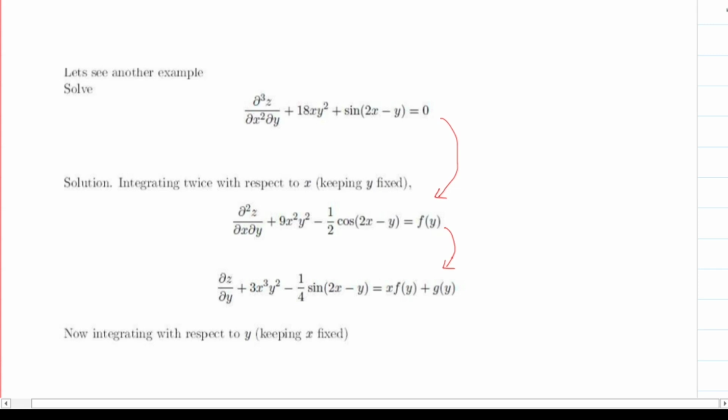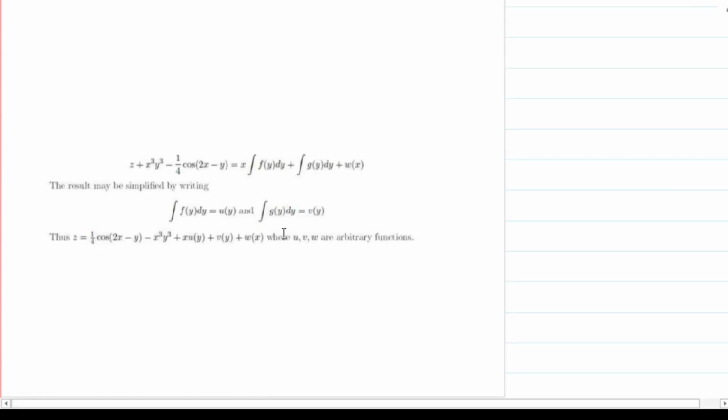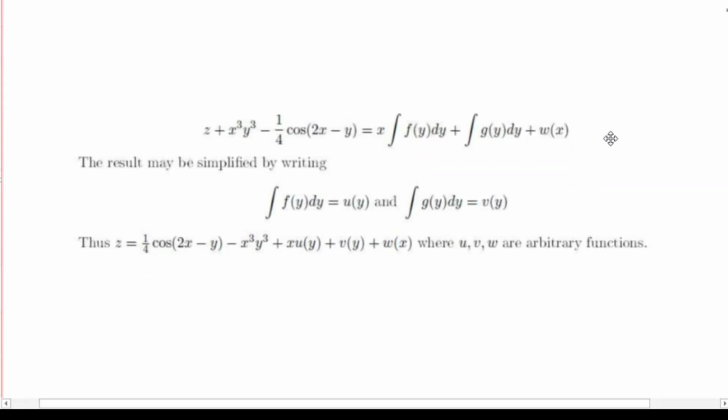Okay, now let us integrate with respect to y, keeping x fixed. So here what we get is z plus x³y² minus 1 by 4 cos(2x minus y) equal to, since we are integrating with respect to y, x into the integral of f of y dy plus the integral of g of y dy plus we introduce another constant called w of x.